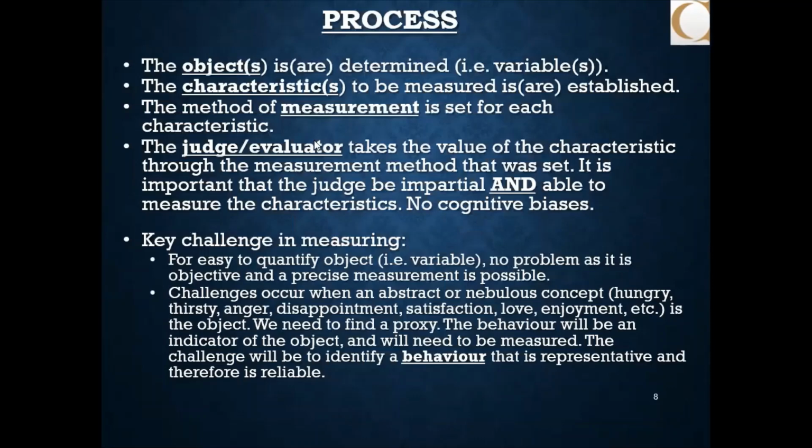So the object is determined, so variables. The characteristics to be measured are established. The method of measurement is set for each characteristic. The judge evaluator, that's us, takes the value of the characteristic through the measurement method, and we have to figure out what happens to it and be impartial.